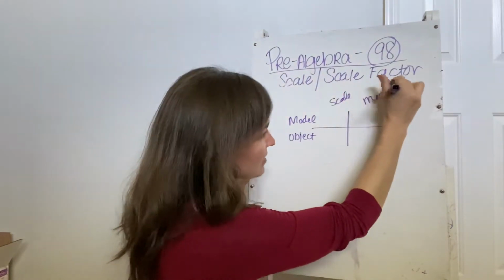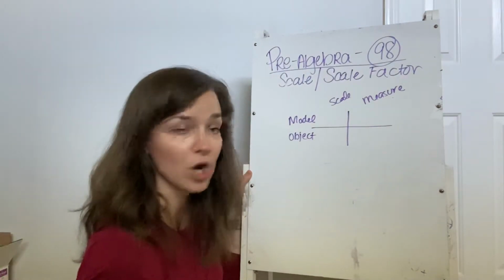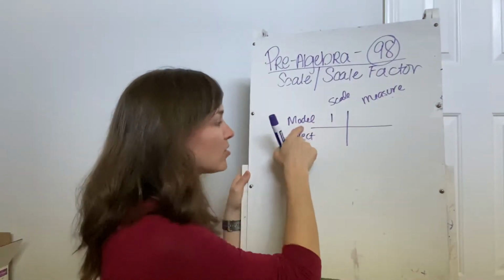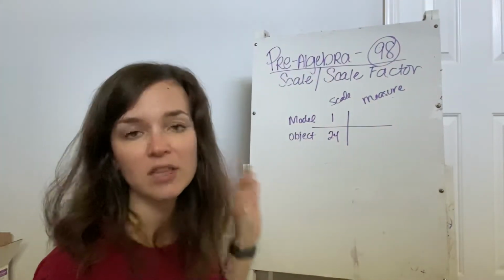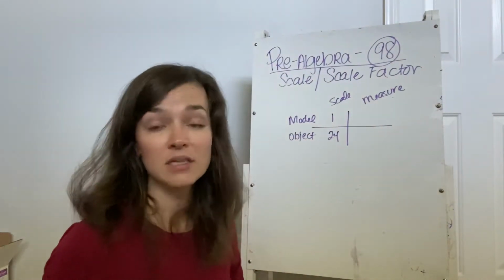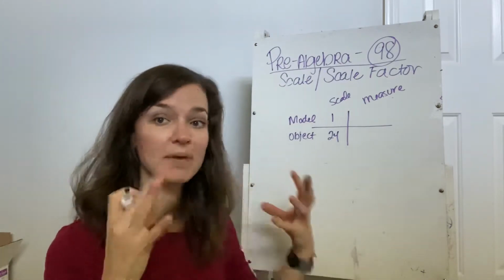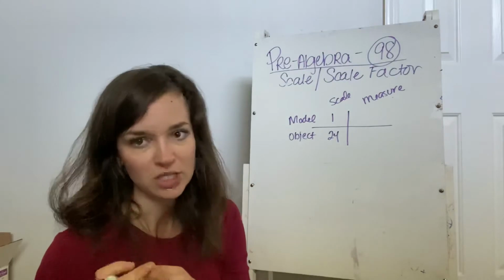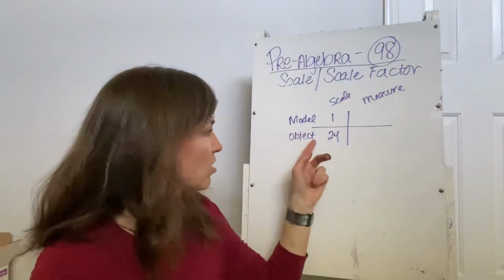So they give us the scale here. They tell us the scale is 1 to 24. When they say that, the model is generally always the smaller one and the object is generally the bigger one. Not always, because sometimes this could be backwards and we could be talking about something microscopic, so we could be drawing a picture of it bigger than it actually is. But generally for what we're going to be looking at here, the object itself is the bigger one.